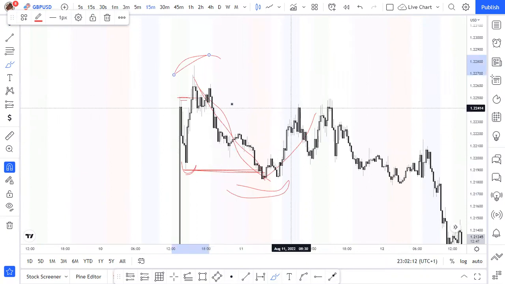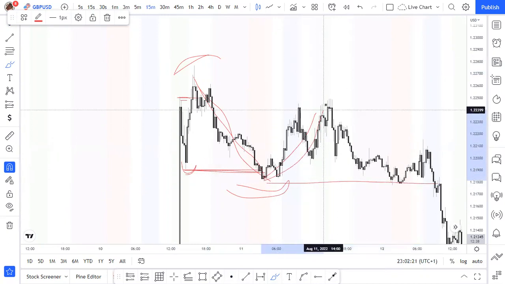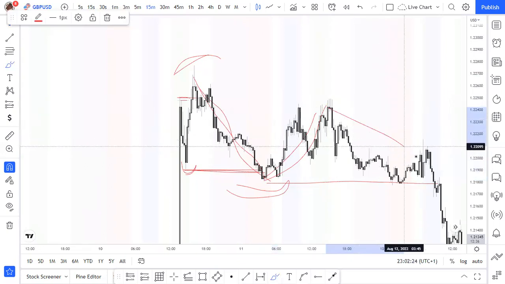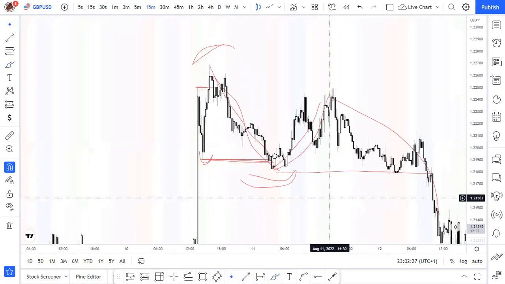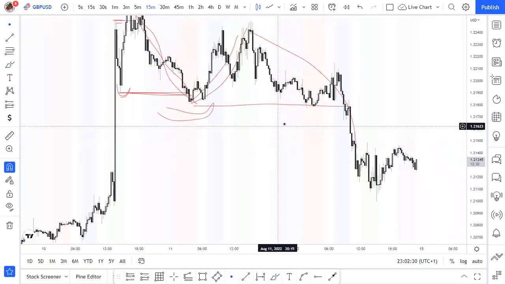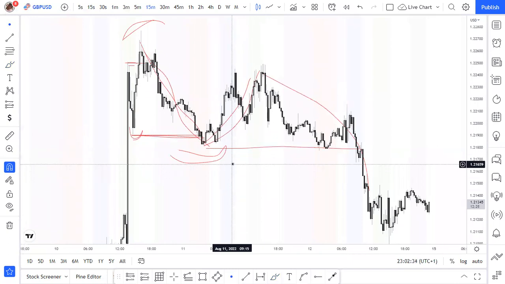Price has pulled back into the new supply range and has also confirmed that supply range by respecting it. Now we've pushed down to make a new lower low.